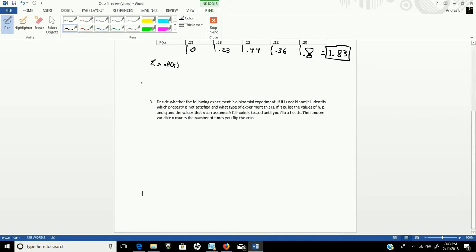The last one here is going through trying to decide if this is a probability distribution, or if this case is a binomial experiment. So remember, the different types of experiments we had here were our binomial, geometric, and Poisson distributions. The ones that were most similar to each other were the binomial and geometric.